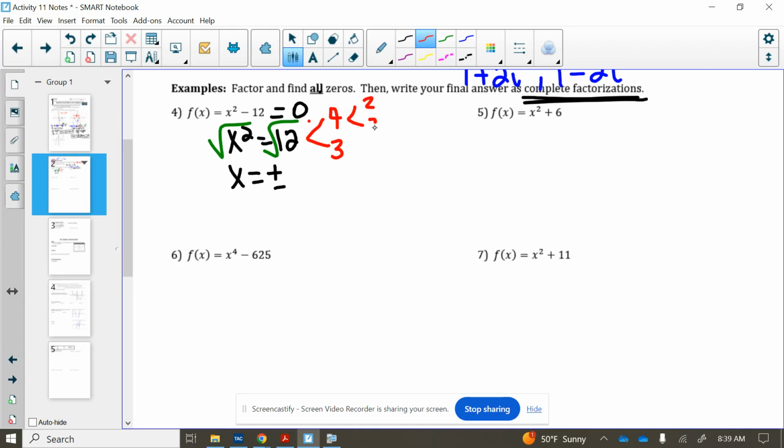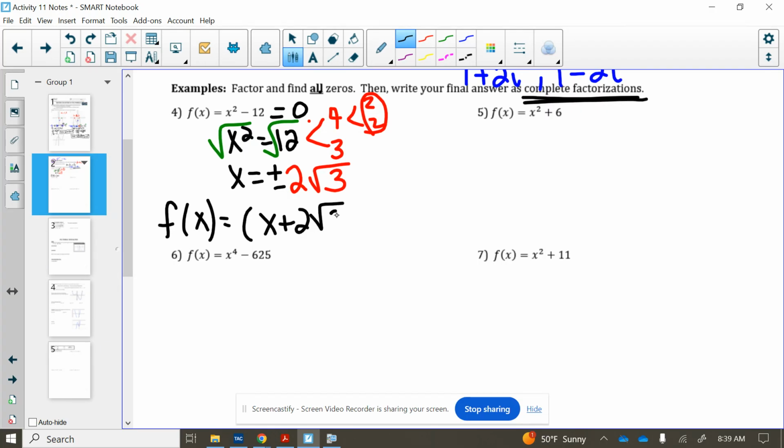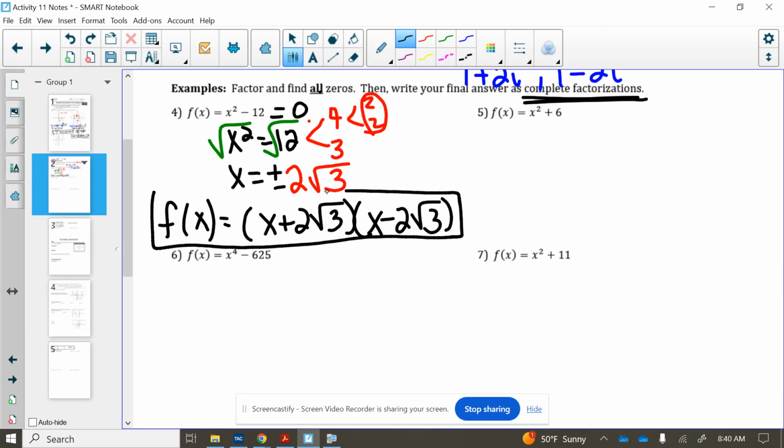And we know the square root of 4 is 2, and then the square root of 3 would have to stay inside the radical because it did not have a buddy to move out with. So when we write our answer in factored form, we have 2 zeros this time. Positive 2 square root 3 and negative 2 square root 3 would be our factored form of that answer.